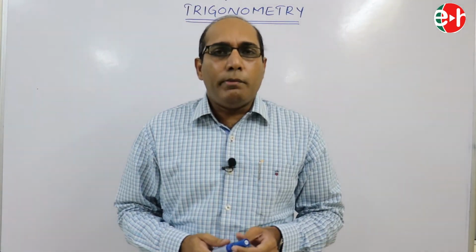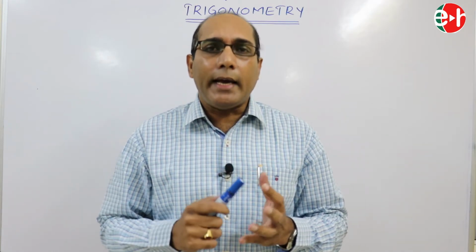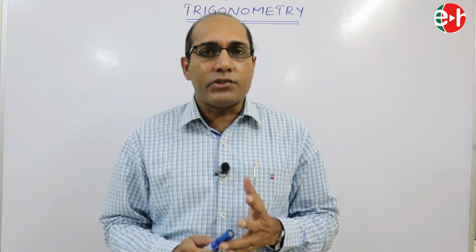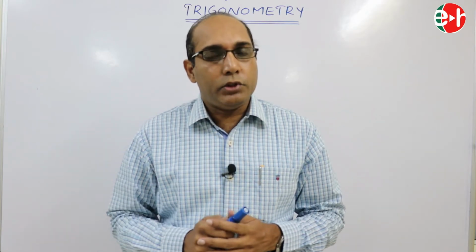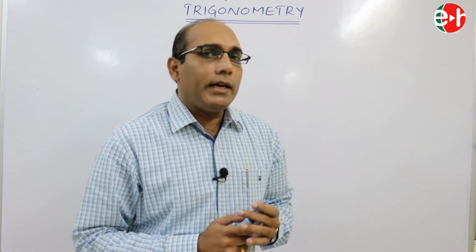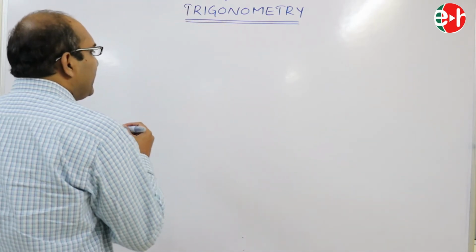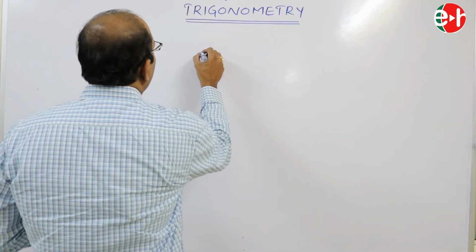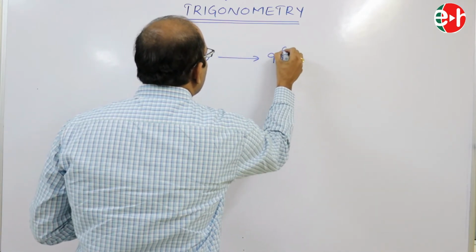Here, the most common angles are: the first one is the acute angle, the second one is the right angle, and the next one is the obtuse angle. Now, what is the acute angle? The acute angle is nothing but the angle which lies between 0 to 90 degrees.